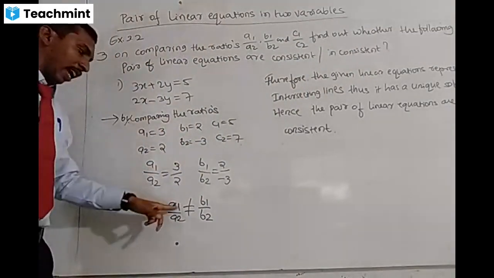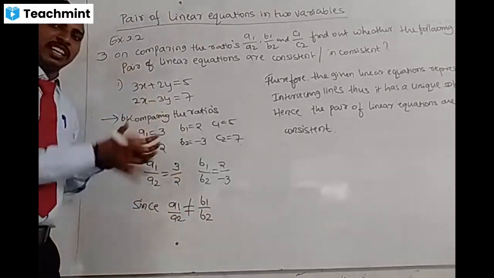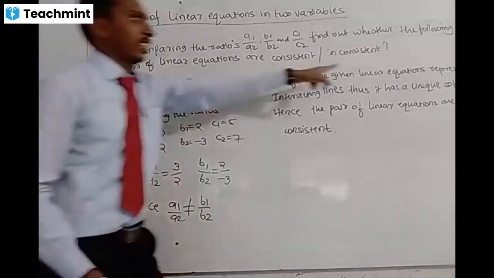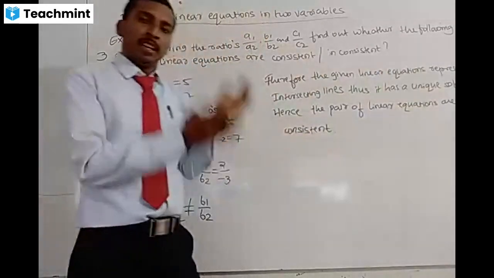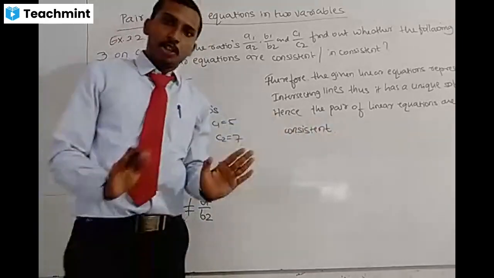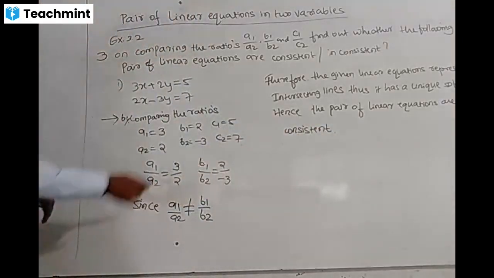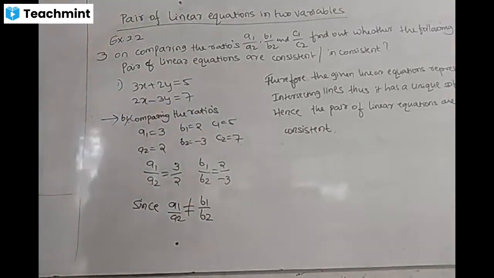If A1 by A2 is not equal to B1 by B2, then that represents intersecting lines, which have a unique solution. If it has a solution, then the pair of equations are consistent. Understood? So we need to solve by this method. Just note it down within a minute if you want, and we will go for the second question.